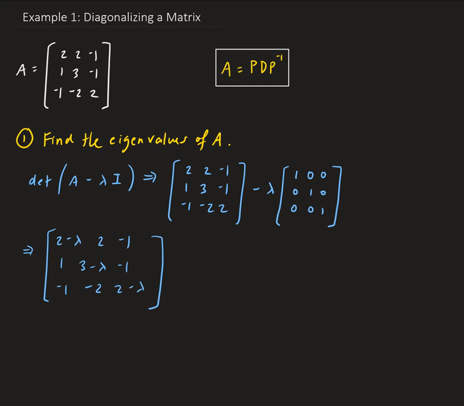So we need to find the determinant of this matrix. Technically we have the bars here. I think it's easier in this case to do it using cofactors.